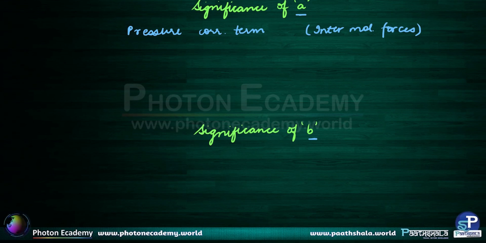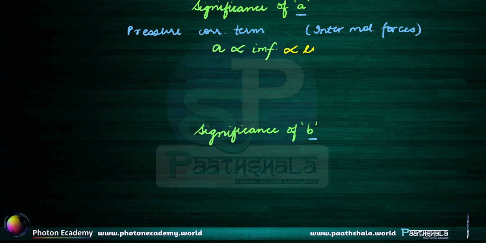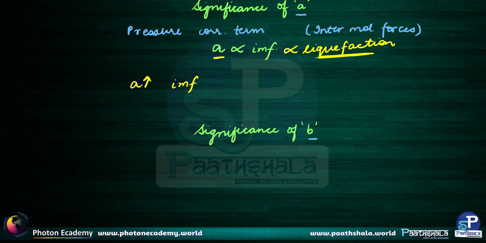So we can say that A is proportional to the intermolecular forces, which I'm calling IMF here. Higher the intermolecular forces, higher would be the liquefaction. So in turn, A is proportional to liquefaction. As A increases, the intermolecular forces increase and liquefaction also increases.